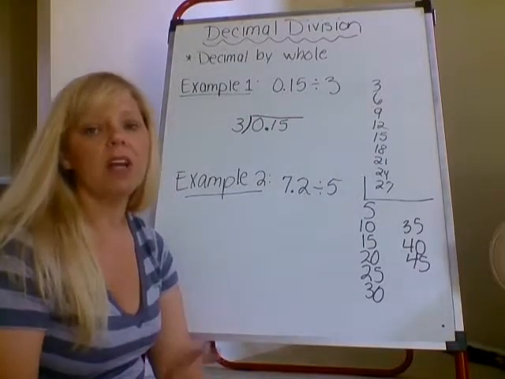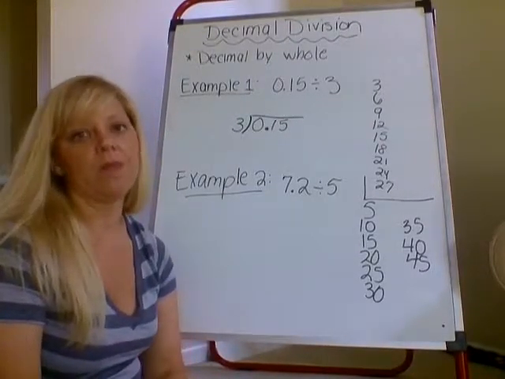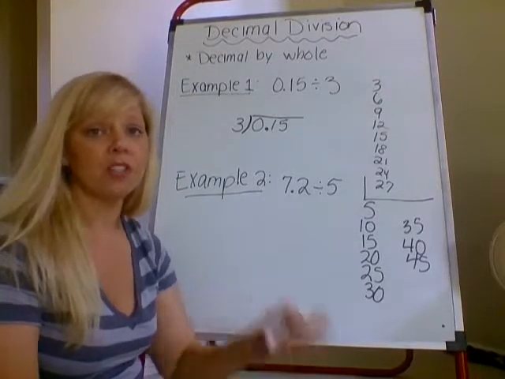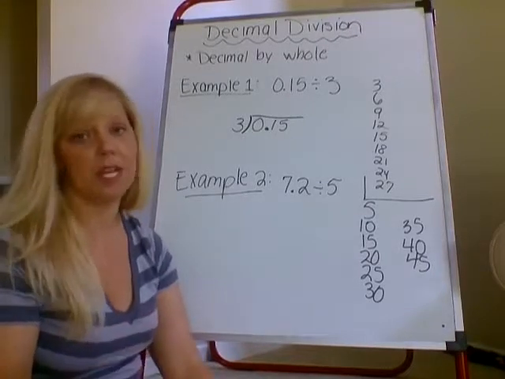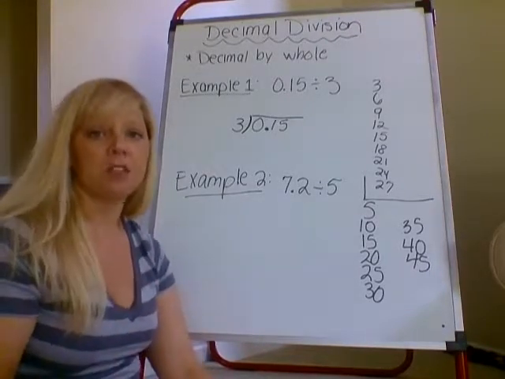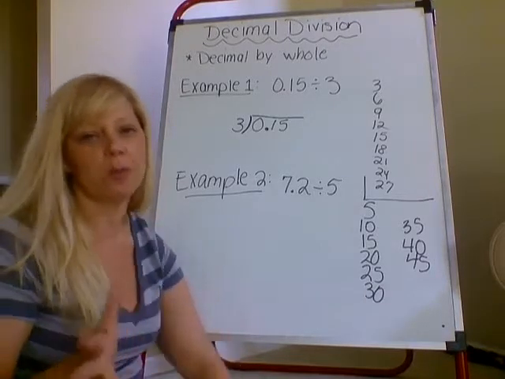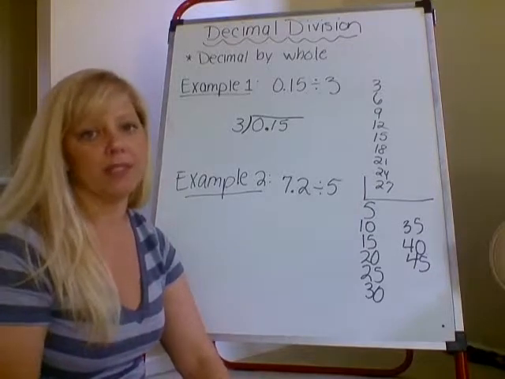In multiplication of decimals, we multiplied and then placed the decimal. In decimal division, we do the decimal first and then we do the division. So it's backwards, just like with fraction multiplication and division. Decimal division is the opposite of multiplication. Hopefully this will make sense after this lesson or subsequent lessons.